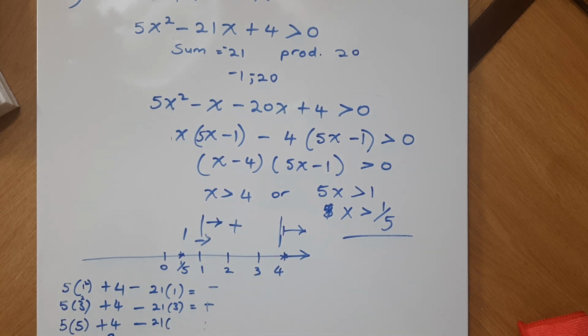Okay? So between a fifth and 1, it's not a plus. But after 1, between 1 and 4, it's plus, it's a positive. Also greater than 4, it is a positive.